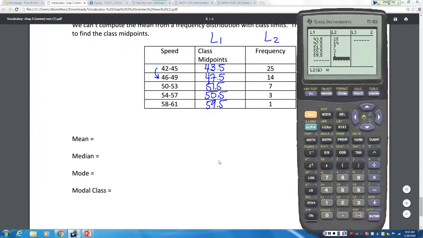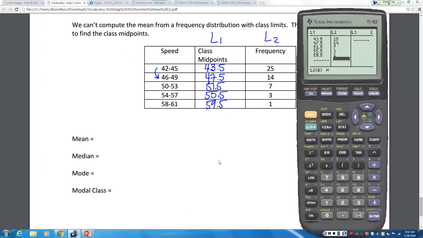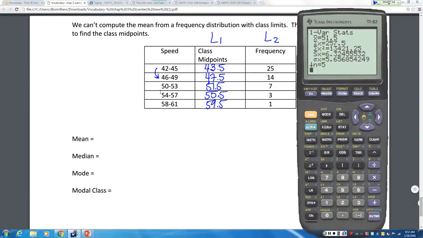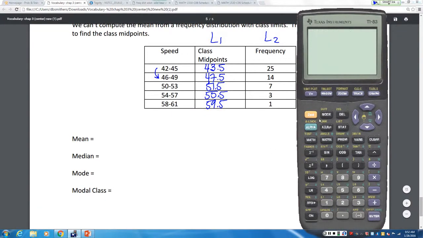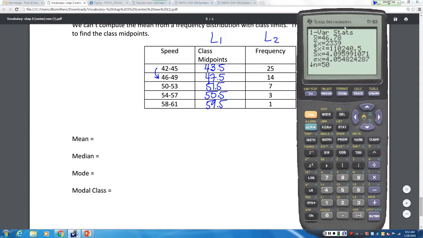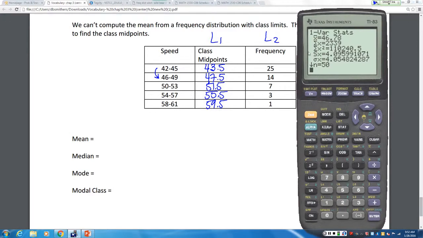If you have your 2 columns in, I'm going to go stat, calc, enter, enter. That gets me my information, oh no it doesn't. What did I forget, y'all? Hit enter once. Stat, calc, enter. I forgot my own rule. Then L1, comma, L2, because I have the 2 lists. Now, this is the correct information.